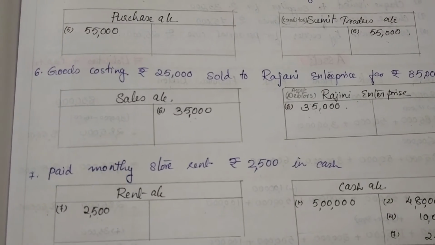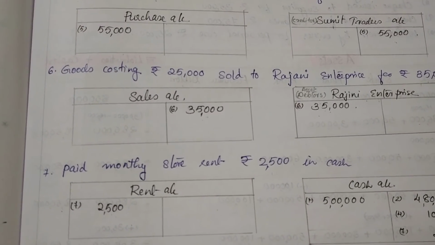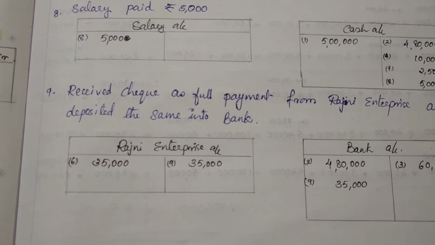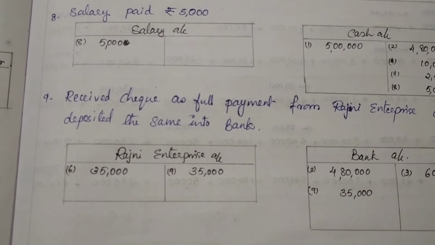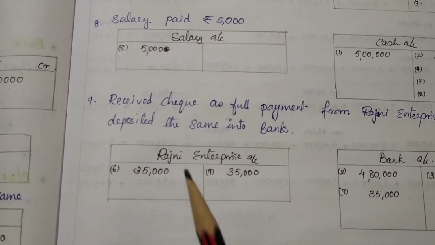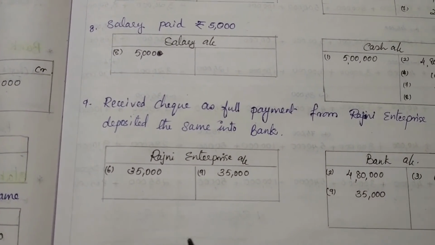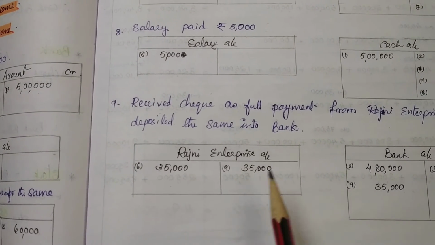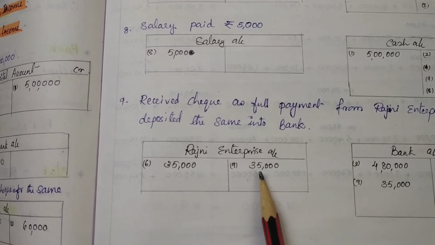So Rajini Enterprises has to pay 35,000 to the company. So in the ninth transaction, we received a check, the full amount, that is 35,000. We already wrote 35,000 in Rajini Enterprises. Now we are writing it on the credit side, okay? Because we received the amount.